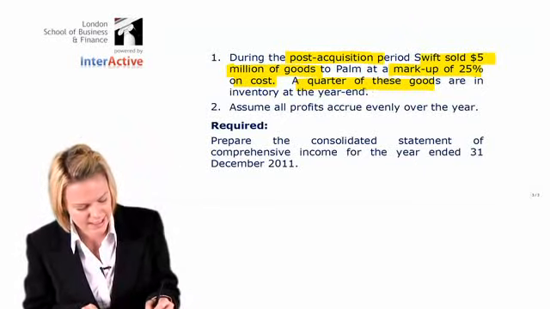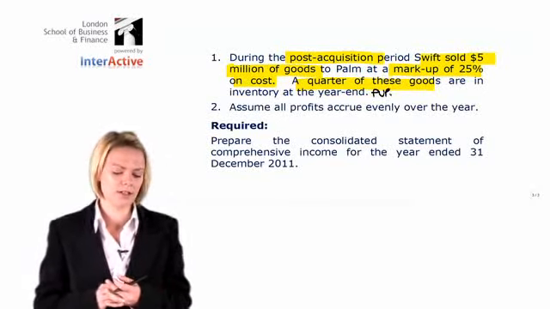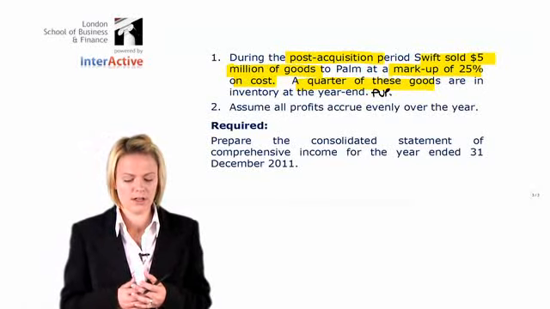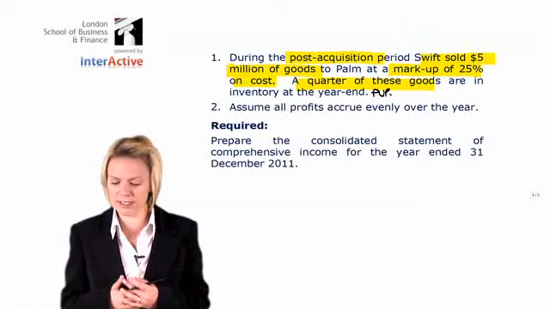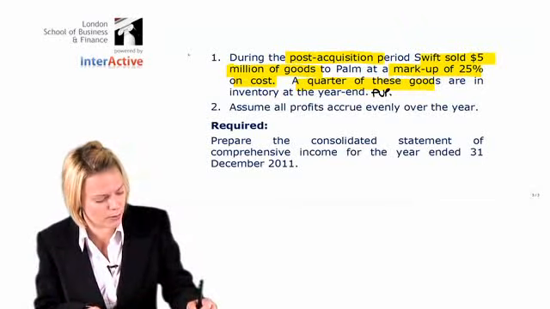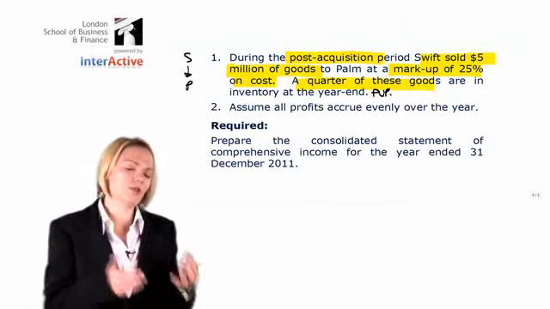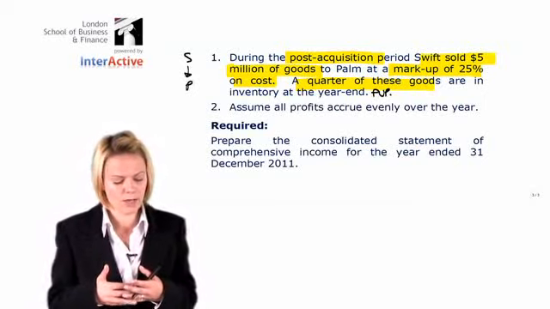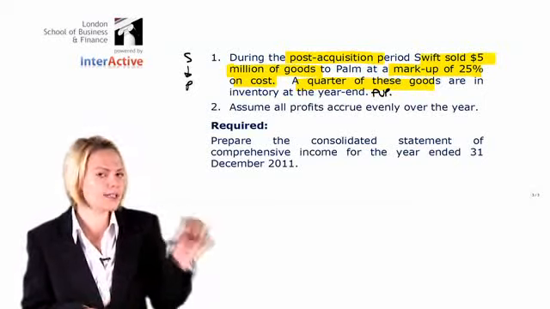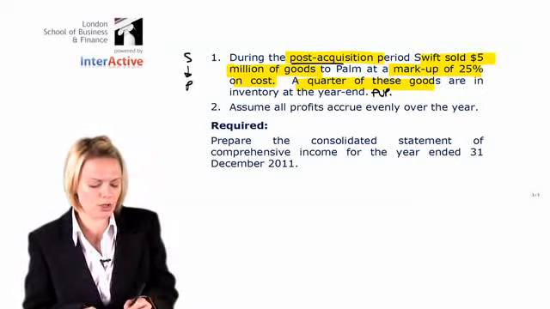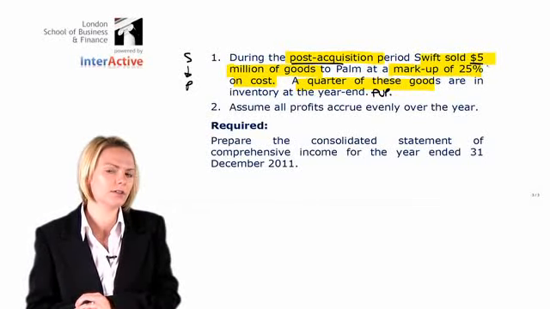You guessed it. It's the PUP adjustment. The parent is receiving goods from the subsidiary. So the sub sold to the parent, Swift sold to Palm. And we can see then that total sales post-acquisition were 5 million.